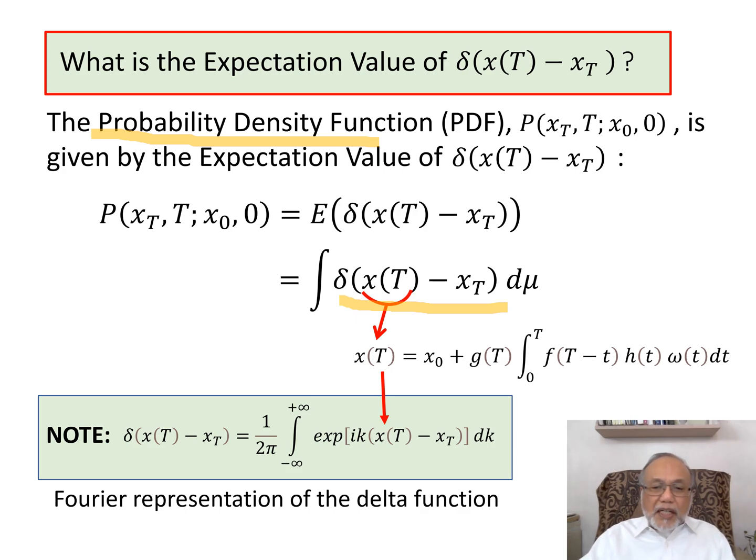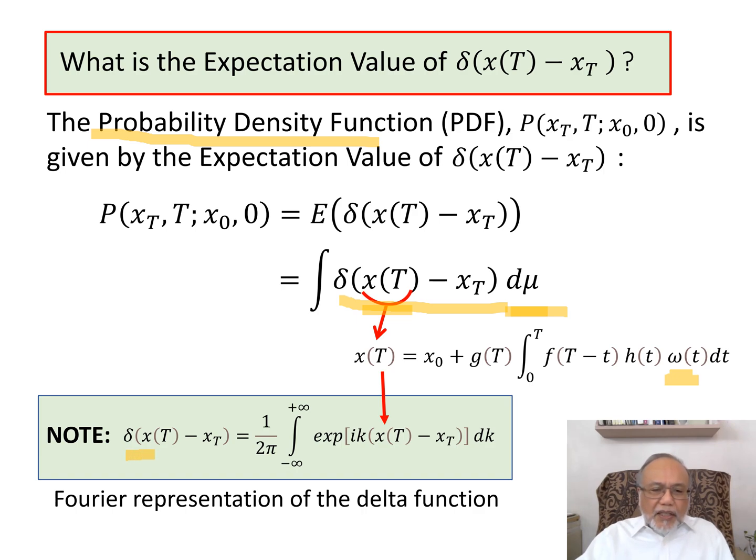In the integration or in the summation, we have to use the Gaussian white noise measure, because inside this x capital T is actually a white noise variable. So this delta function is a white noise functional, and to integrate that you have to make use of the Gaussian white noise variable.